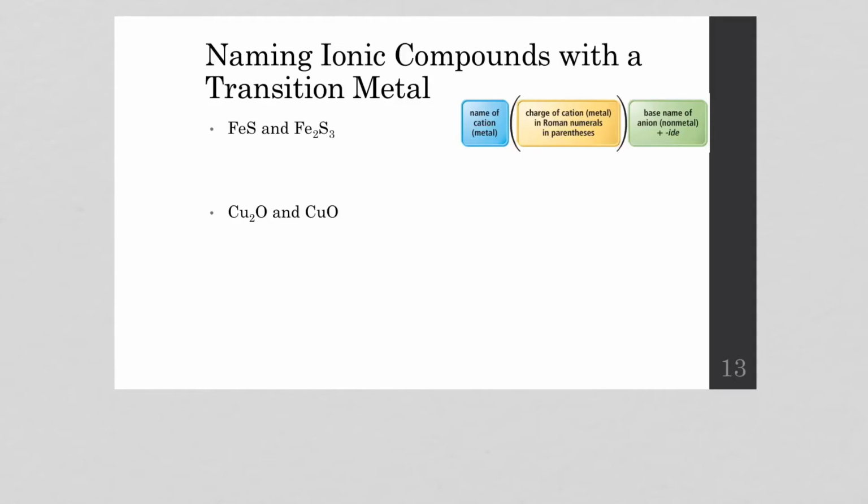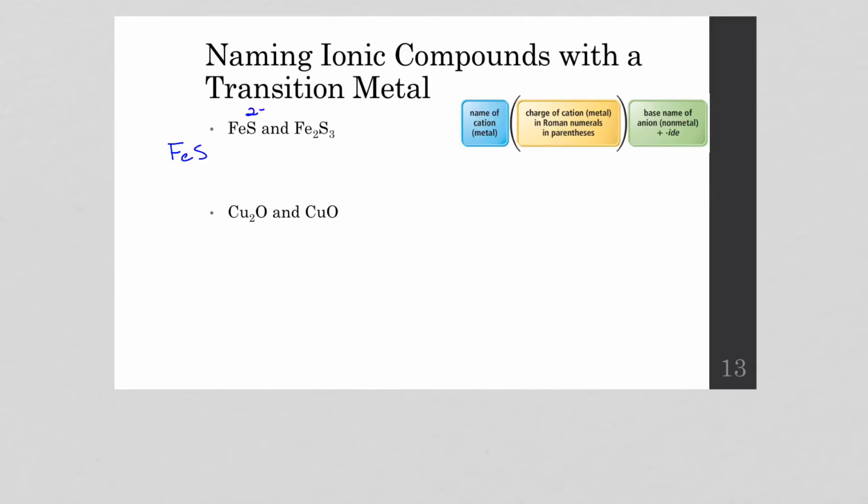So let's take the first one here, FeS. The first thing is we need to establish the charges of the ions. In this compound, the key is the negative ion. We should always be able to know the charge on the negative ions based on their location in the periodic table. So we know that sulfur is going to form a 2- ion.